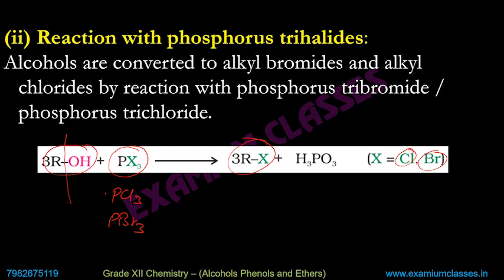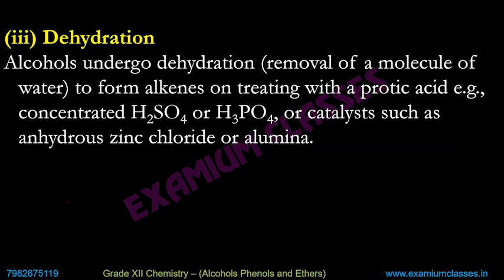The whole OH goes away. Dehydration, again, same thing. The C-O bond gets broken. So alcohols undergo dehydration, that is removal of a molecule of water to form alkenes. In this case, along with OH, hydrogen from the adjacent carbon also goes away. That's why we say that it is dehydration.